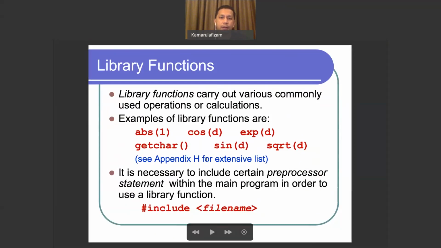So basically these are the functions that you can call. We will be looking into functions in the next coming lectures. These functions are basically embedded into the C programming library. To be able to reach this function, you have to include the specific file name that contains this function.